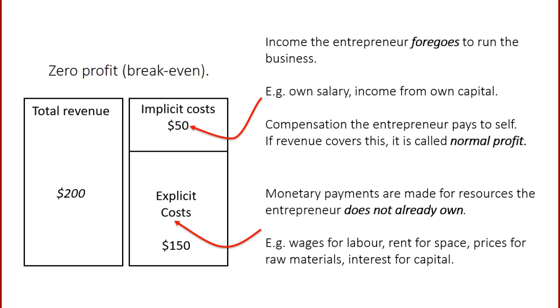So if the revenue from the business covers those implicit costs, we call that the firm's or the entrepreneur's normal profit. So is the entrepreneur starving to death? No. If the firm is breaking even, then the entrepreneur is being compensated for their time and effort and risks that they're taking to run the business.